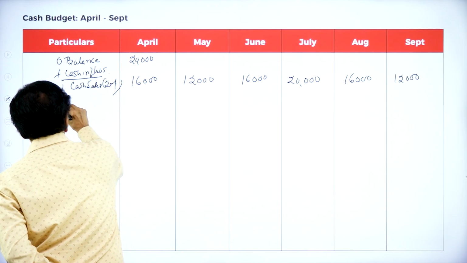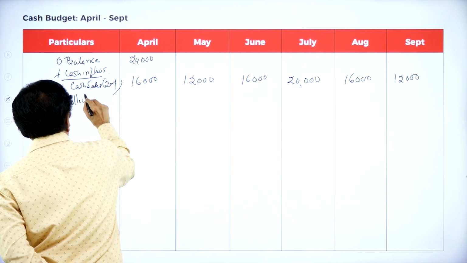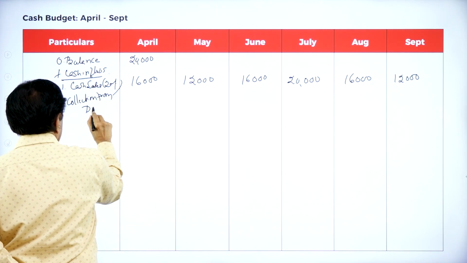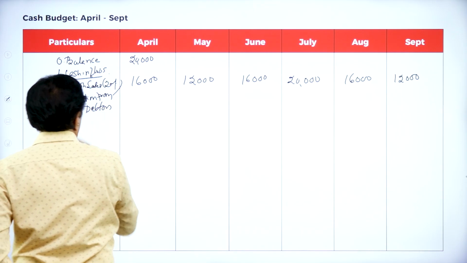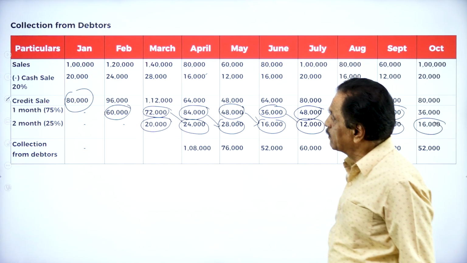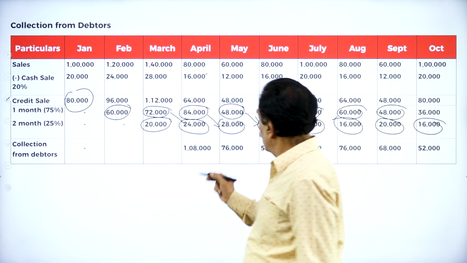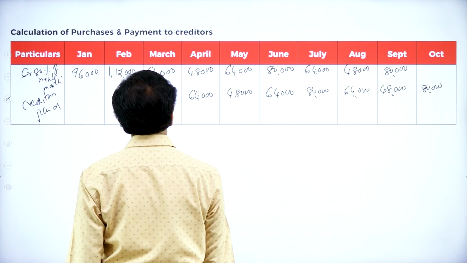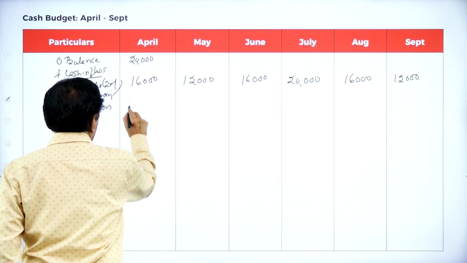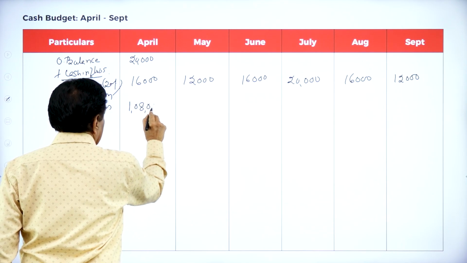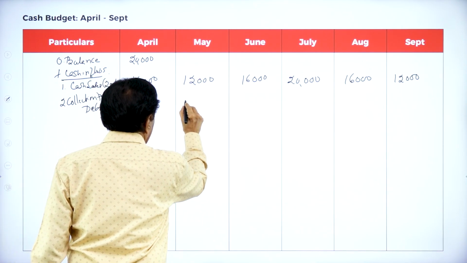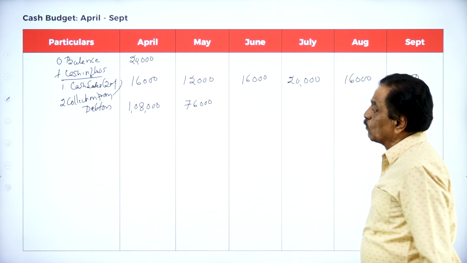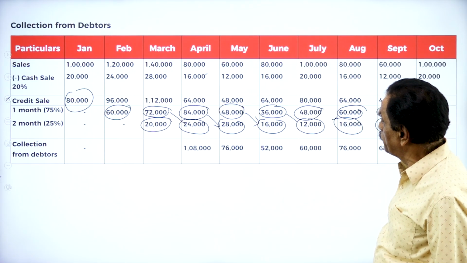Then collection from debtors. Working note, collection from debtor: April 1,08,000, May 76,000. This is collection from debtor as per 1,08,000, 76,000.